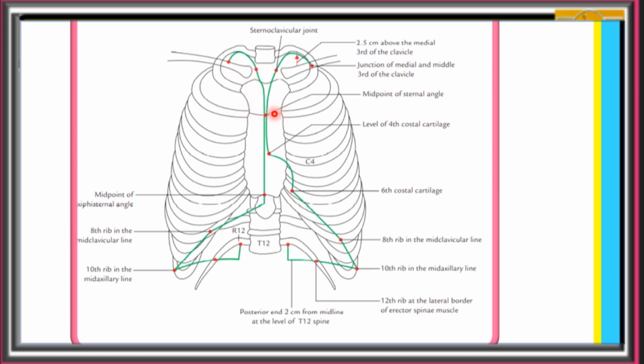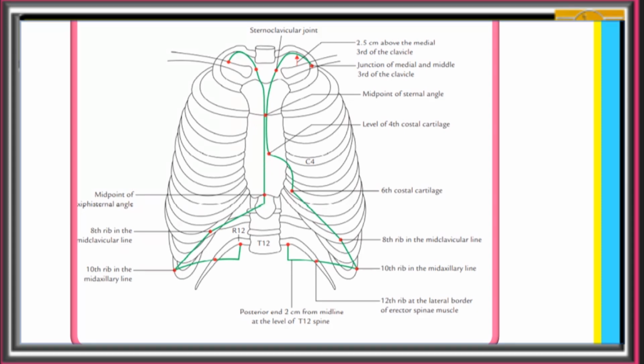From the sternal angle it will descend vertically to the midpoint of the xiphisternal joint. So the right sternal line of reflection runs from the sternoclavicular joint down to the sternal angle and then to the xiphisternum.